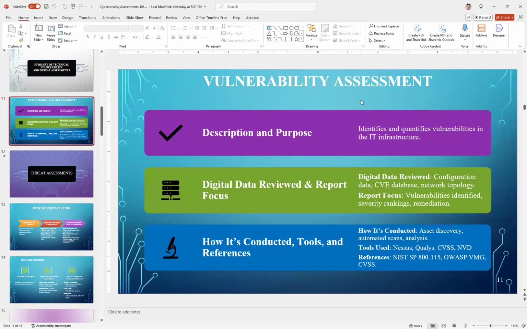Your digital data reviewed includes configuration data, the CVE database, network topology, and your report focus are your vulnerabilities that you've identified, any severity rankings that you've applied based on the risk register that you put together, and any possible remediation. How it's done is asset discovery, automated scans, analysis, and your tools are Nessus, Qualys, CVSS, and NVD. And these are your references.